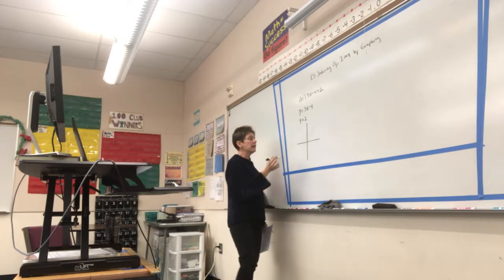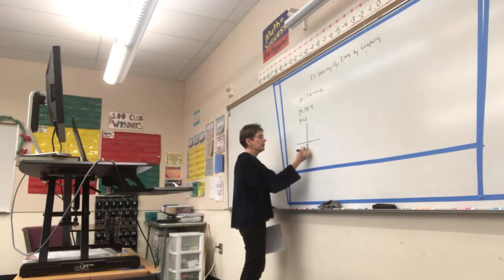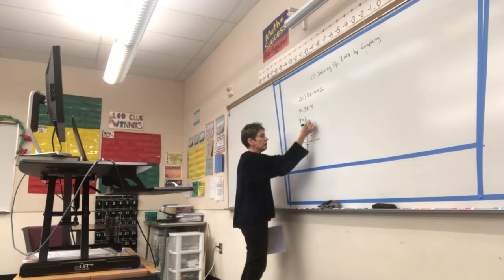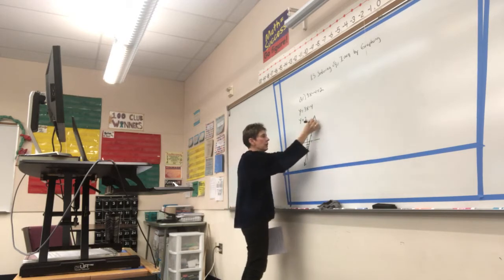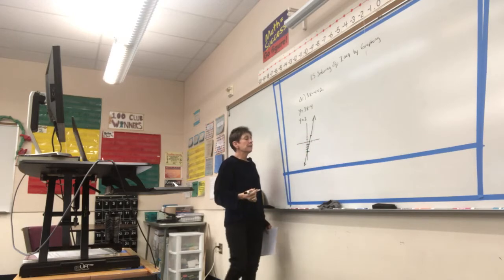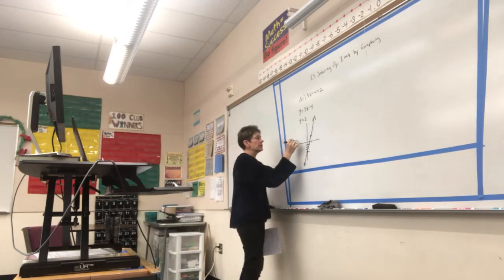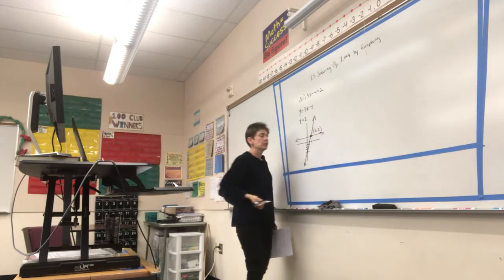So to graph y equals 3x minus 4, we would have a y-intercept of negative 4, and then we would go up 3 and over 1, and then up 3 and over 1 again. And then we would draw a line connecting those points. To graph the line y equals 2, that is just a horizontal line where y is always equal to 2. Now we can see the spot where these 2 lines intersect is (2, 2).